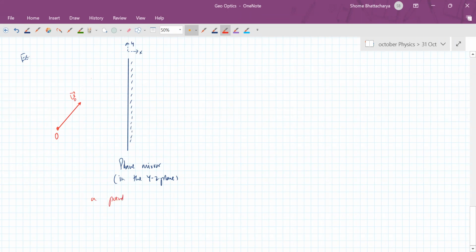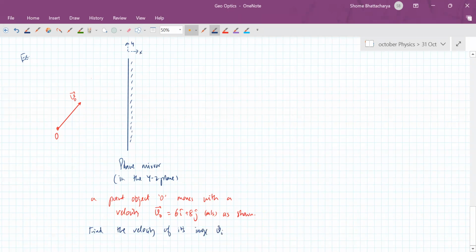So a point object. So we want to find the velocity of its image and the velocity of the image relative to itself.